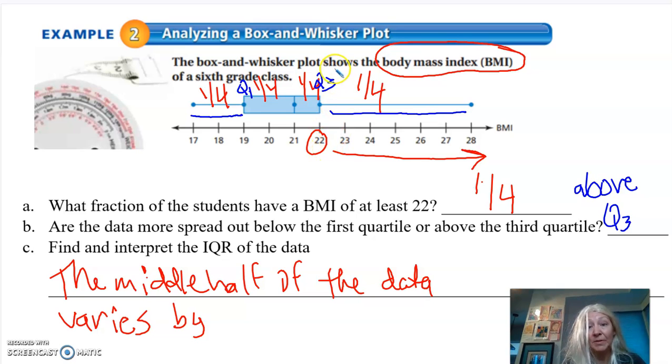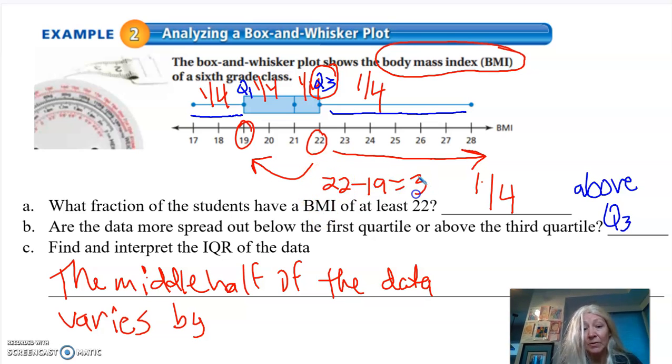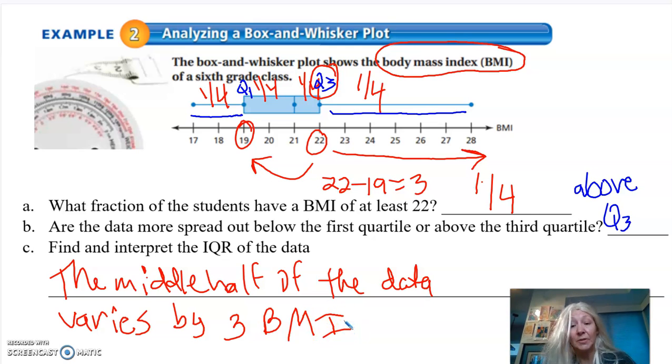Now I look at the numbers: Q3 is 22 and Q1 is 19. So I'm going to subtract 22 minus 19, which equals 3. So the middle half of the data varies by 3. And then the units are BMI. Whatever the units are, it's good to write those. Okay, there's one example of analyzing.